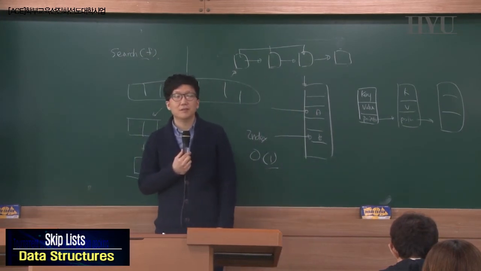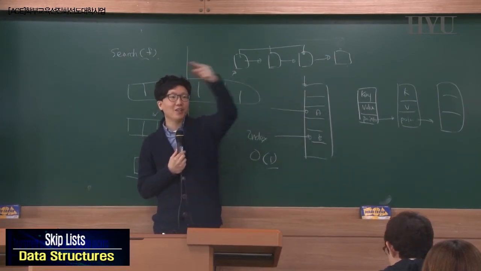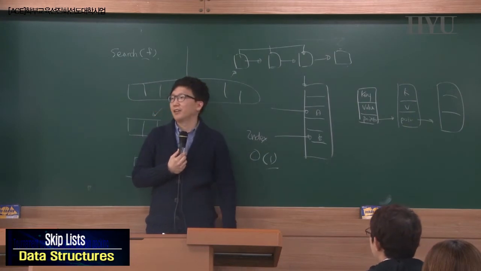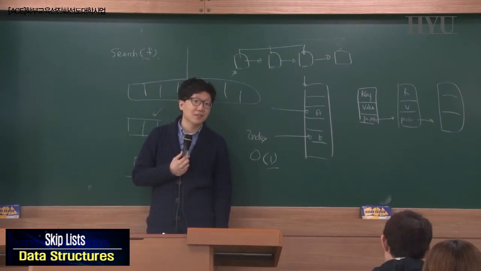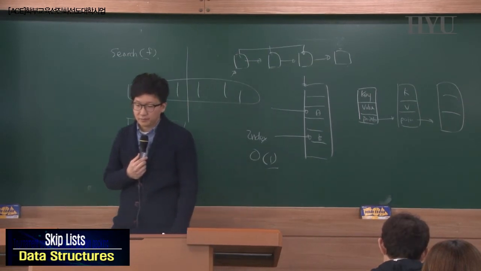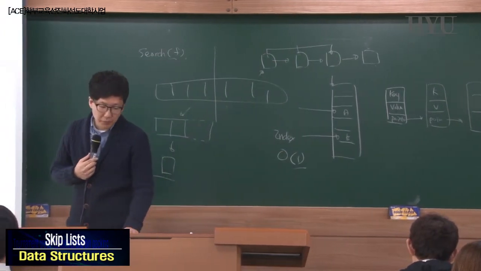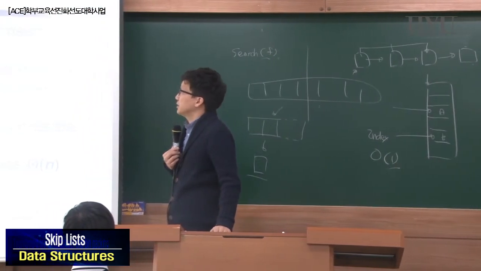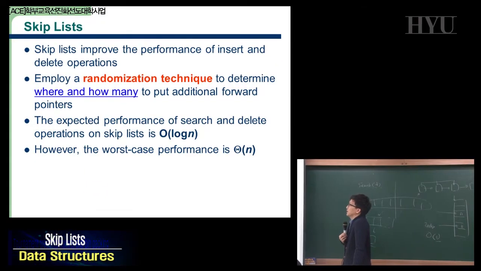Or if there's a fast pointer to the end of a list, like a circular linked list, then the moving time is just 1. Right? So it's improving the performance of insertion and deletion operations.